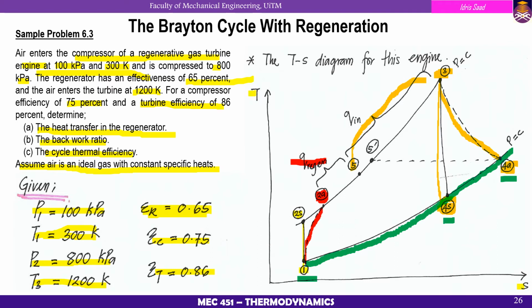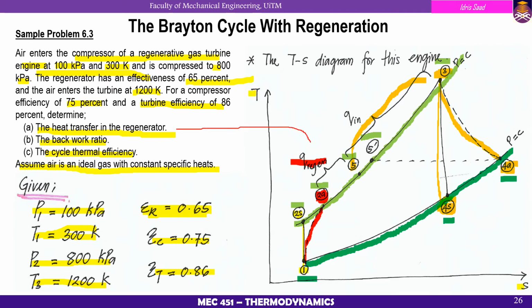Similarly, P2S is equal to P2A is equal to P5 is equal to P5 prime is equal to P3.